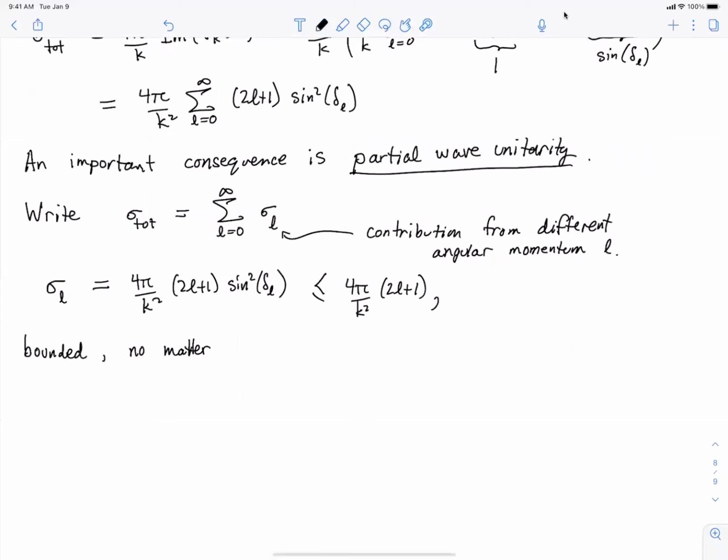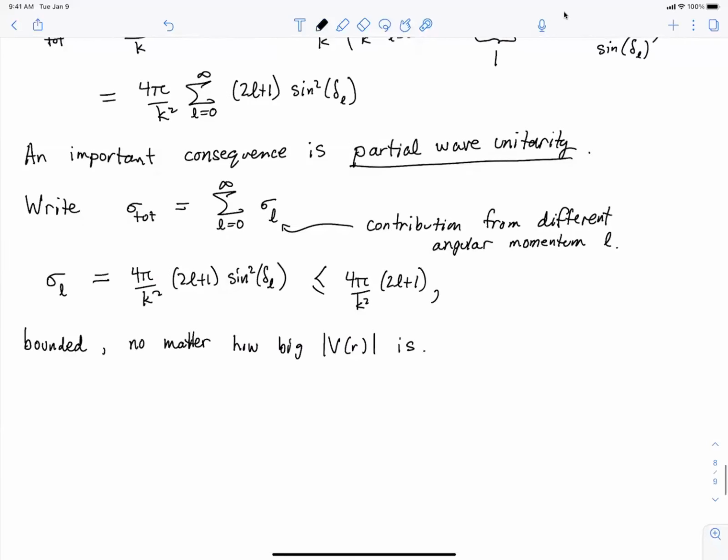You could have the largest potential in the world, repulsive or attractive, it doesn't matter. No matter how big the magnitude of our potential is, there's a limit to how much scattering you can have. And not only that, but the bound gets stronger as you go to higher energy.